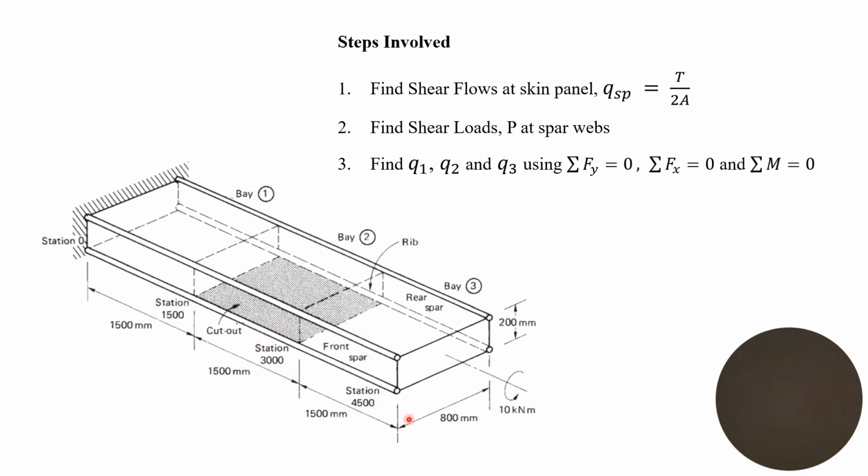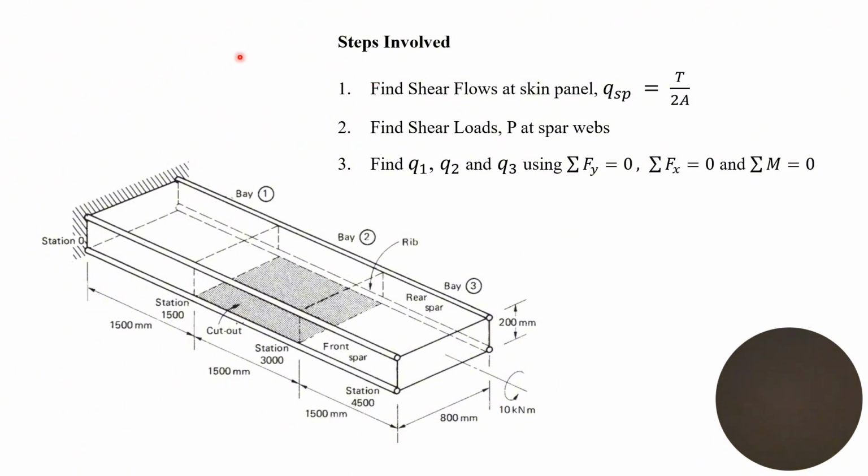For the next station they add up from the previous two stations also. This is the cutout section, which is at bay 2. And these are the parameters for length and width, and this is the torque.